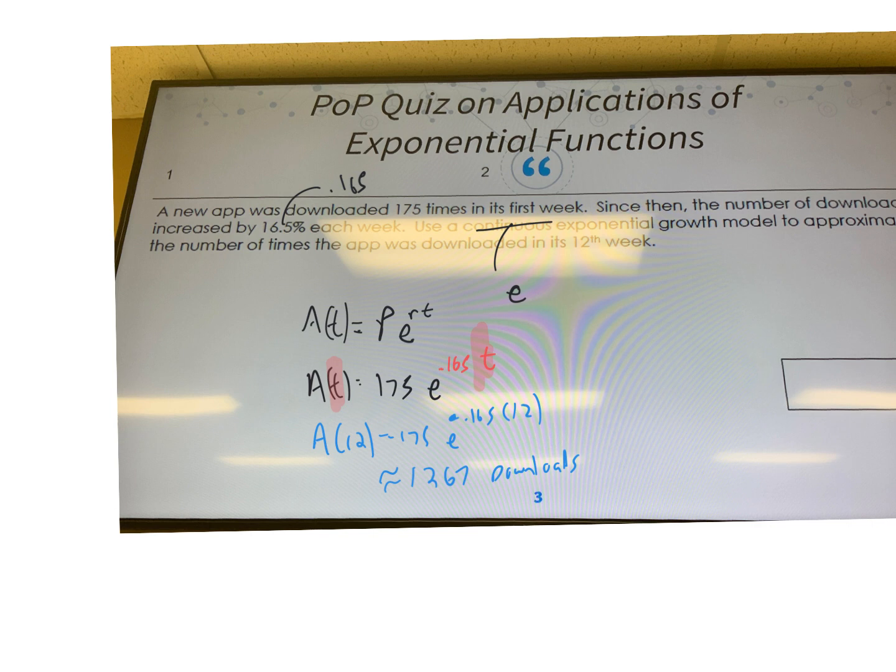For what? They were looking for rate. That would have been degrees per minute. Is this quiz for a grade? Yeah.